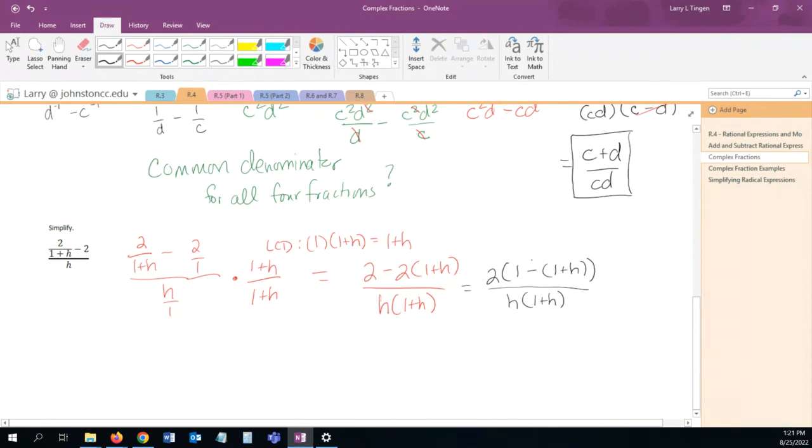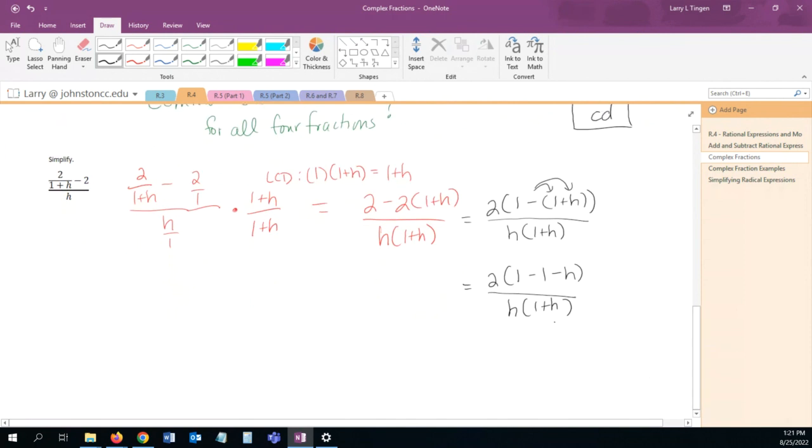Now that that 2 is gone, I can just distribute that subtraction to the 1 plus h. And now I'm looking at 2 times 1 minus 1 minus h over h times 1 plus h. What is 1 minus 1? It is 0. I'll answer that.